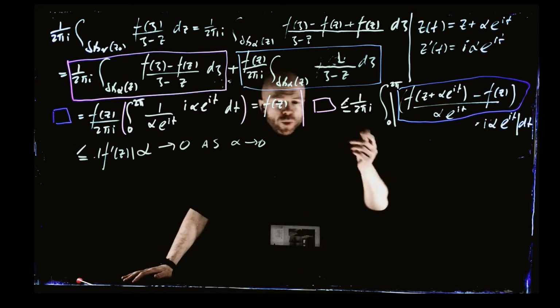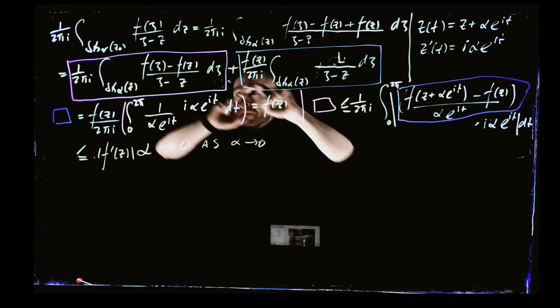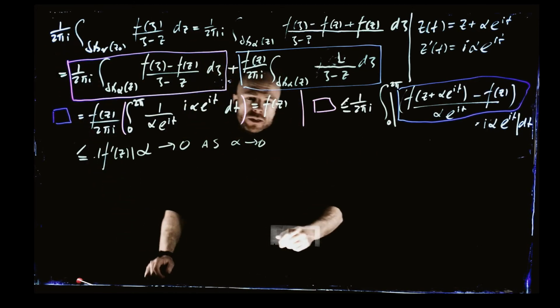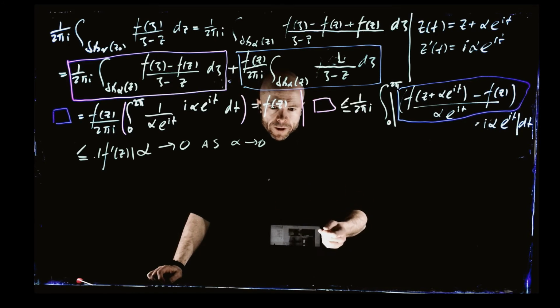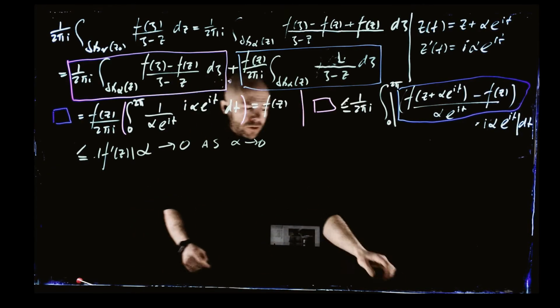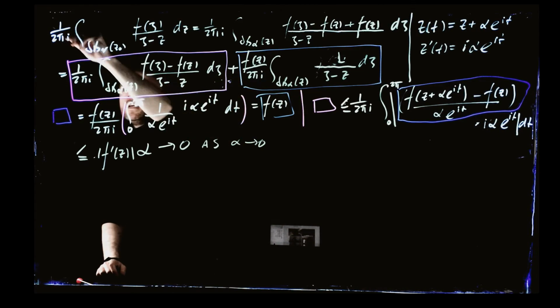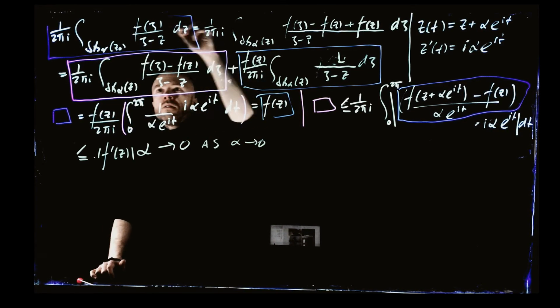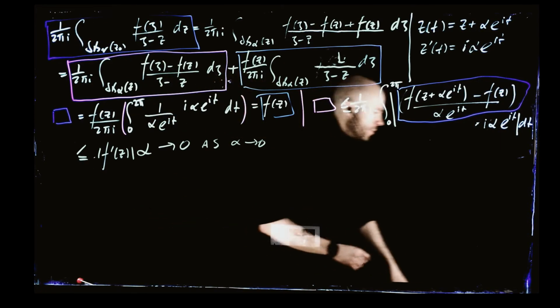Formally speaking, for any epsilon bigger than 0, we can show the difference between this and this is less than epsilon, and it's true for every epsilon. So these things are actually equal. Everybody with me? Give me a thumbs up. Okay, cool. And that's it. That's the proof of the mean value theorem, right? We've shown that this is equal to this, and that's true for any z inside the ball.